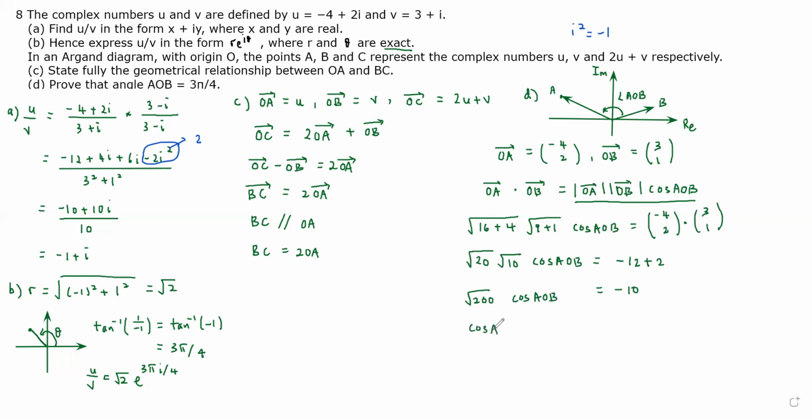So cosine of AOB is -10 over square root of 200. Square root of 200 is square root of 2 times square root of 100, which is 10 square root 2. So cosine of AOB is -10 over 10 square root 2, which is -1 over square root 2.